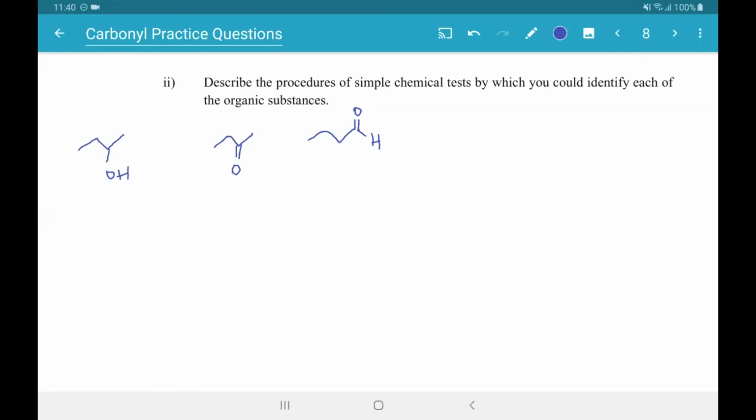I also did the same, but for the butanol, I used K2Cr2O7 with H2SO4, heat under reflux. That one can also react with the aldehyde. Also when you do distinguishing tests, you don't heat under reflux because it must be done in a test tube. So you just say heat will do.